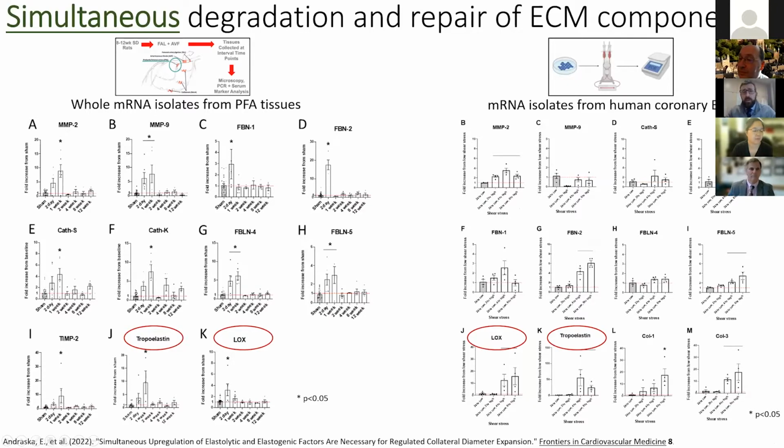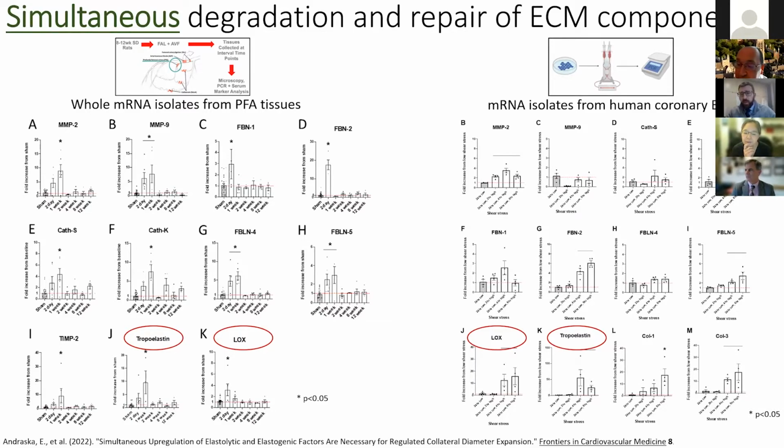So in looking at this, we took developing collateral arteries and performed mRNA isolations and RT-PCR. And basically the takeaway from that is that during arteriogenesis, there is a simultaneous increase in expression in both proteolytic factors as well as elastolytic factors and expansion of the extracellular matrix.